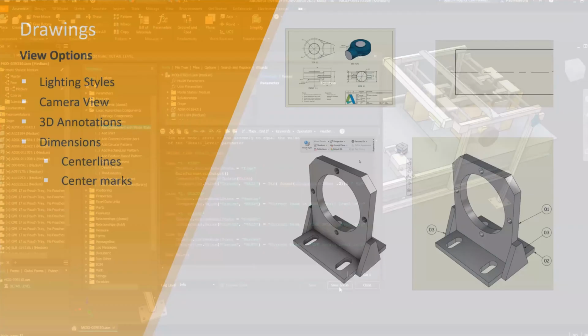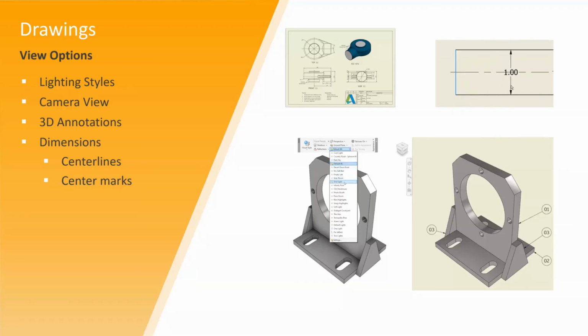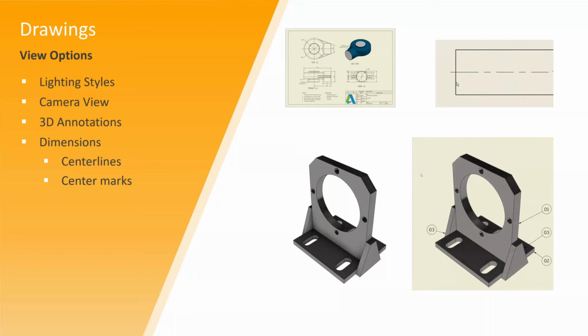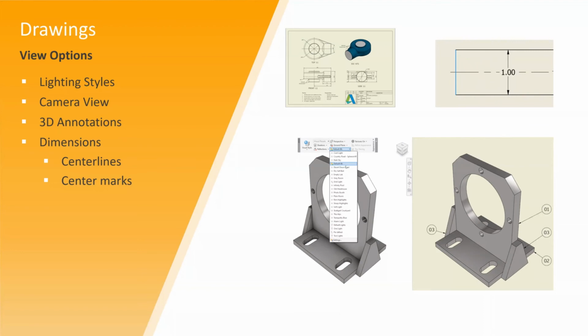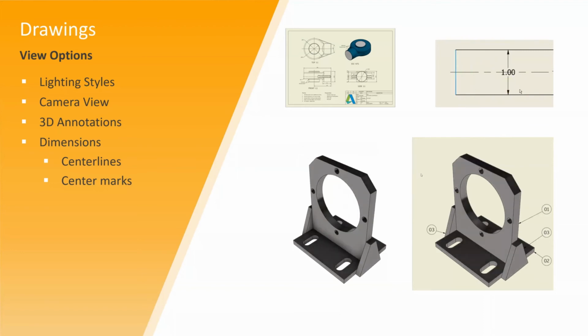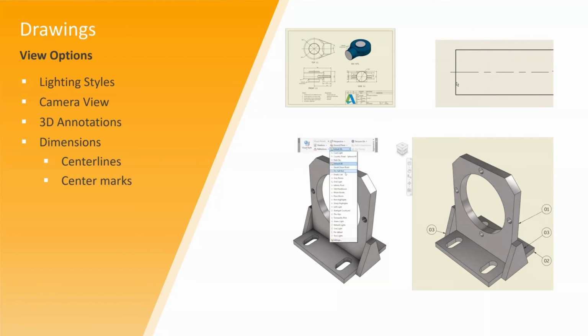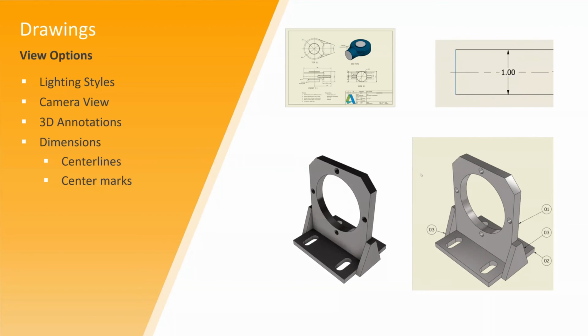In the drawing environment, we can now change the look of our shaded views. As I mentioned in our opening comments, we can use lighting styles from the 3D model inside of the actual drawing now. So when we make a change to that, we can set those lighting styles to be transmitted from the 3D model into our drawing environment.